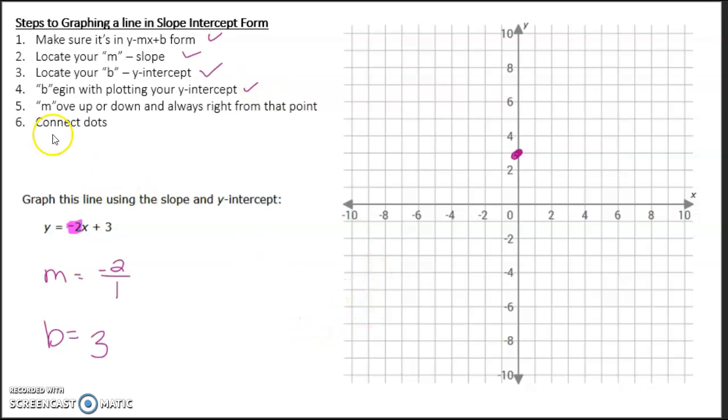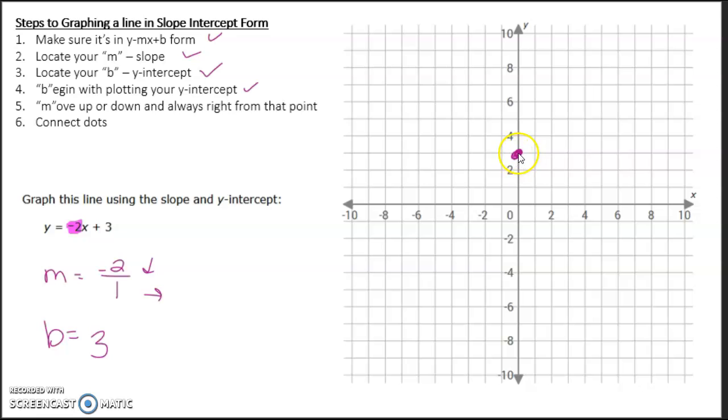Step 5, move up or down and always to the right from that point. So I began here. My m, or my movement from there, is -2 over 1. So that -2 means I'm going down 2, because it's negative, and you're always going to run to the right.